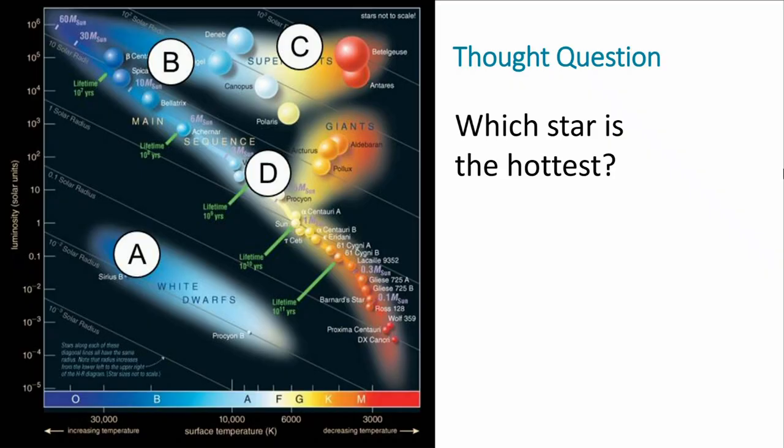Okay, so we have a B. Any other selections? A, yeah, so the x-axis is your temperature, so you want to be furthest to the left on the x-axis. So the A choice is even farther left than the B choice is. But it would be A is the hottest, then B, then D, then C.